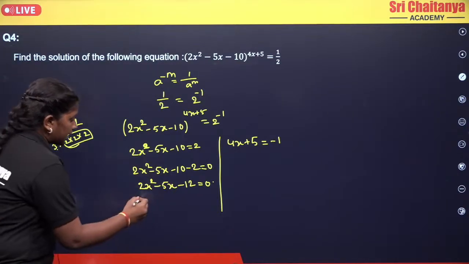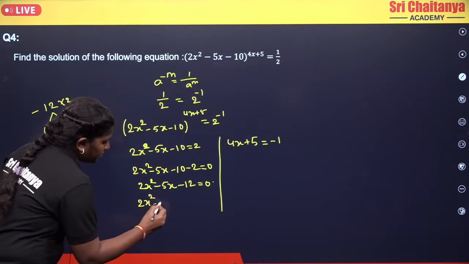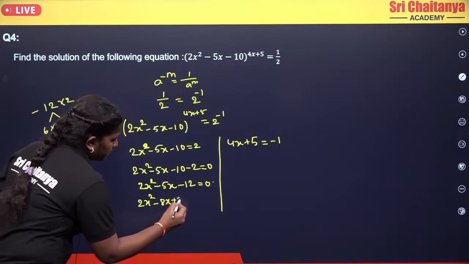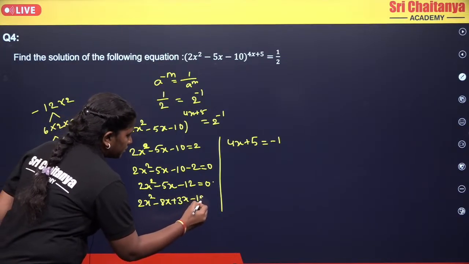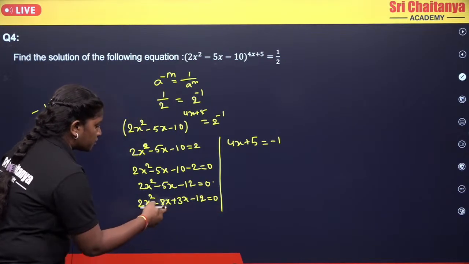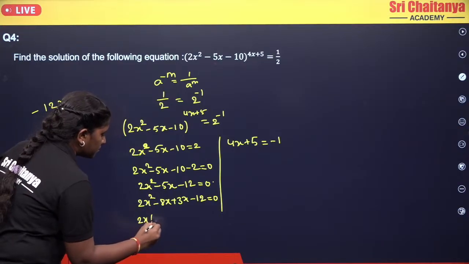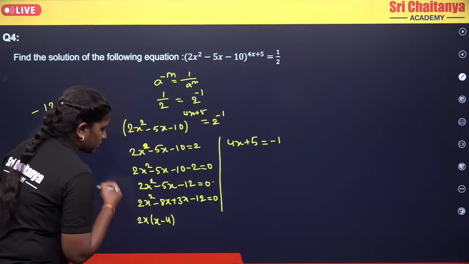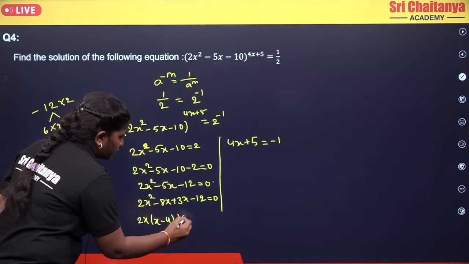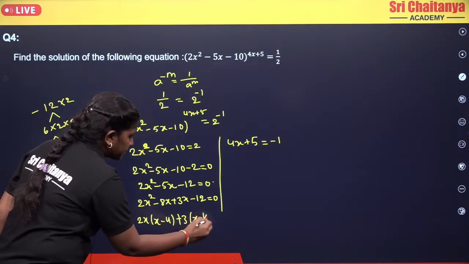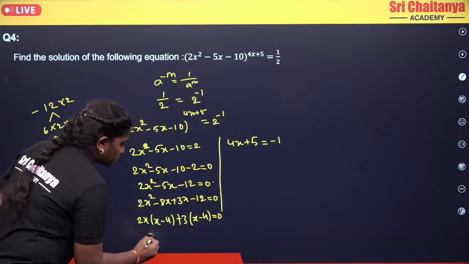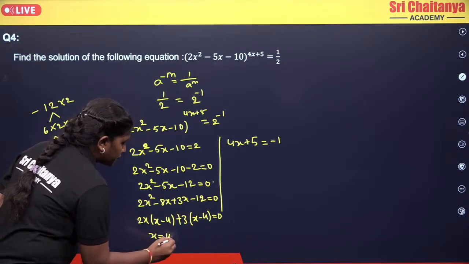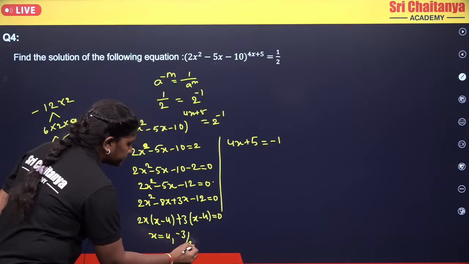So that becomes 2x square minus 8x plus 3x minus 12 equals 0. From the first two terms you can take 2x common, so x minus 4. And from the next two you can take 3 common, so you will get x minus 4 equals 0. So from this you will get x equals 4 and minus 3 by 2.